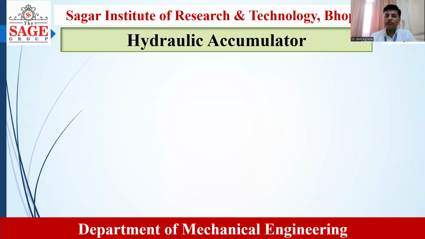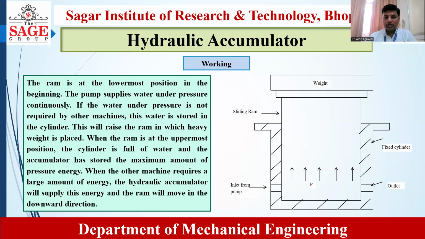Now let us see how it works. For working, first of all, the sliding ram of the hydraulic accumulator is at the bottommost position at the beginning. At this time, there is no requirement of any other device for high pressure energy, so the outlet is closed.